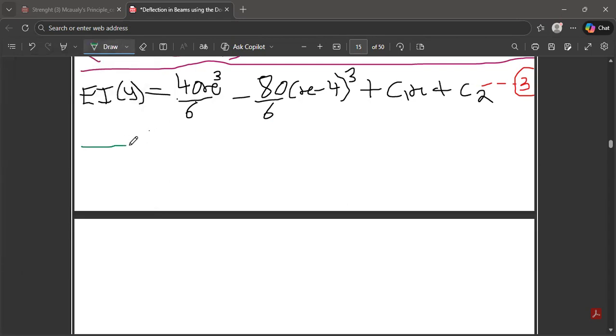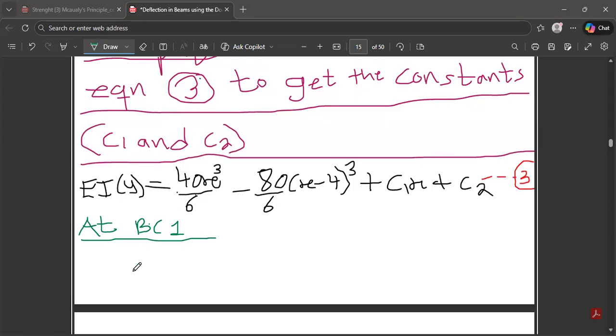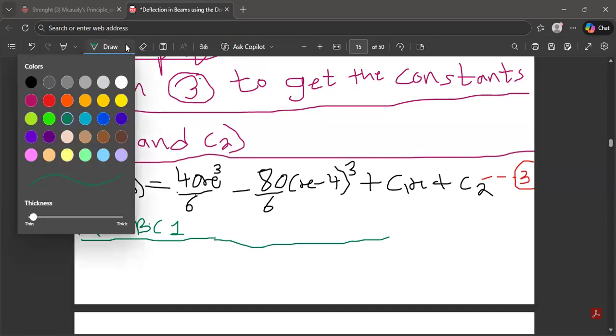So now I'm going to say that at boundary condition 1, we realize that x was what? 0 and y was 0.